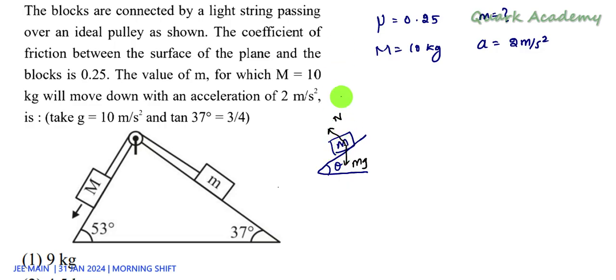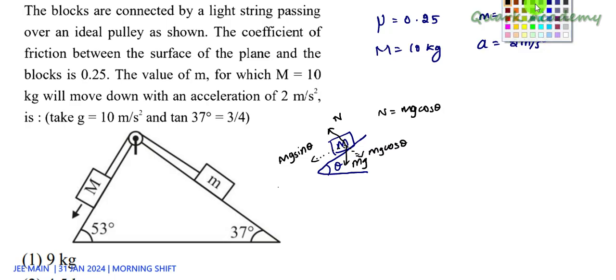If we take the components of this mg, mg sine theta will act along the plane, and opposite to the normal force, mg cos theta will act. So the normal force is going to be mg cos theta. These are the initial things we need to know. The same thing I'm going to apply here.